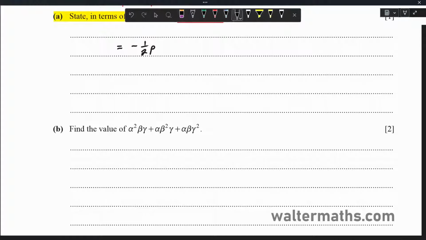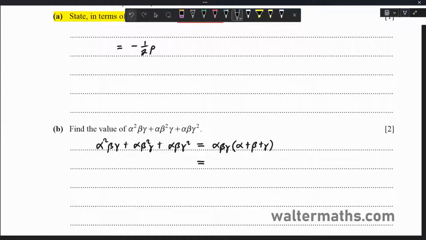Here we can say that this is the same as alpha beta gamma times alpha plus beta plus gamma. If you expand the brackets here, you should be able to get this. I hope that's what you considered when you did this question.